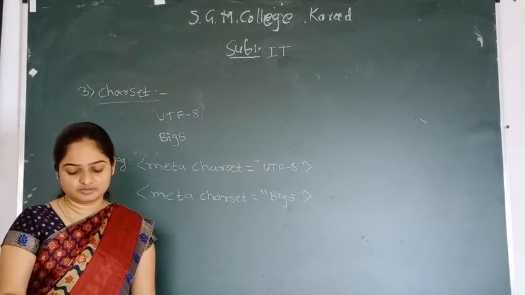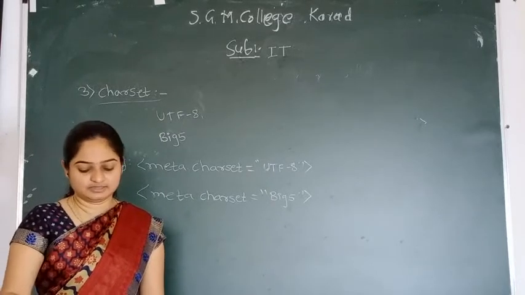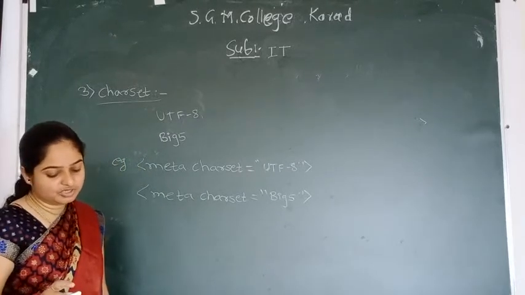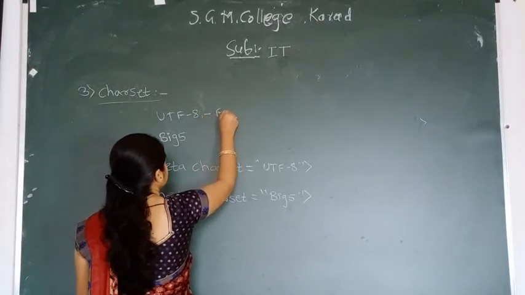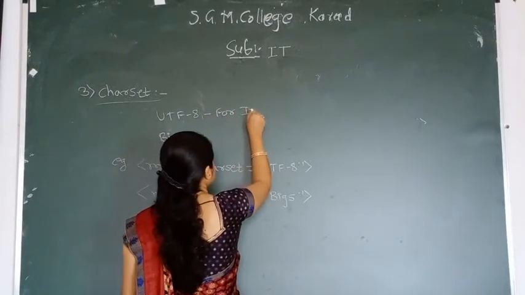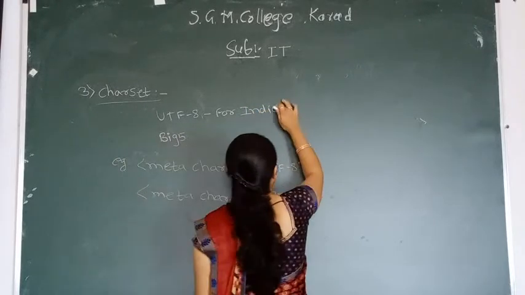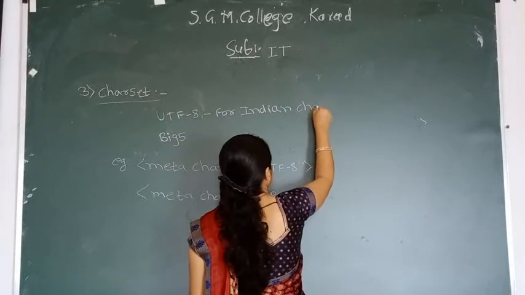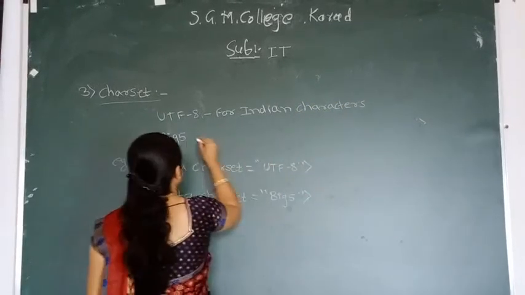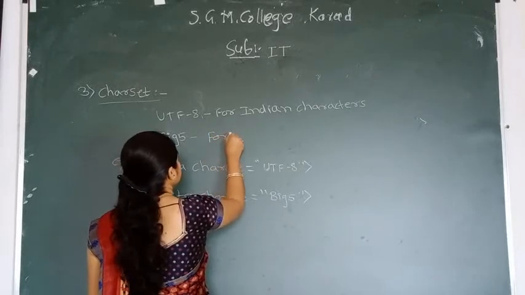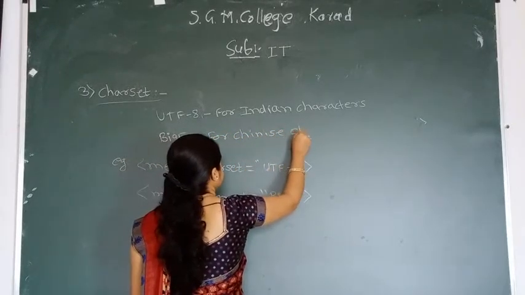This is called a character encoding declaration. For example, UTF-8 is used for Indian characters, and Big5 is used for Chinese characters.